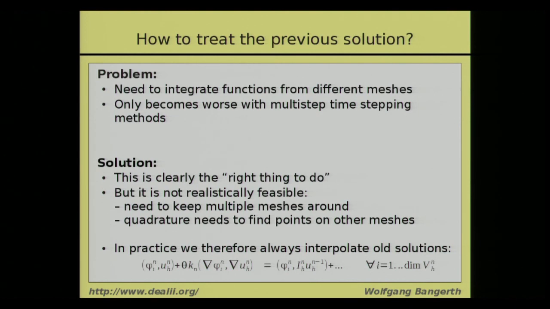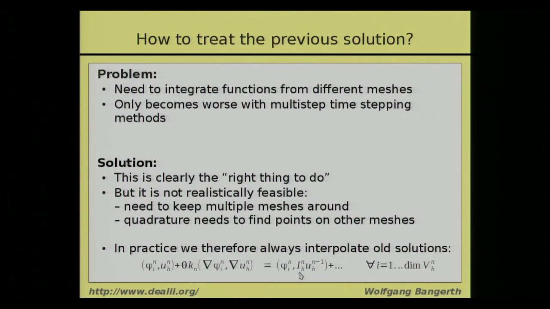And so in practice, what we do is that instead of integrating the solution from the previous time step against the shape functions of the present time step, we interpolate the solution un minus 1, so the solution from the previous mesh, to the current mesh, or project it, or whatever you want.